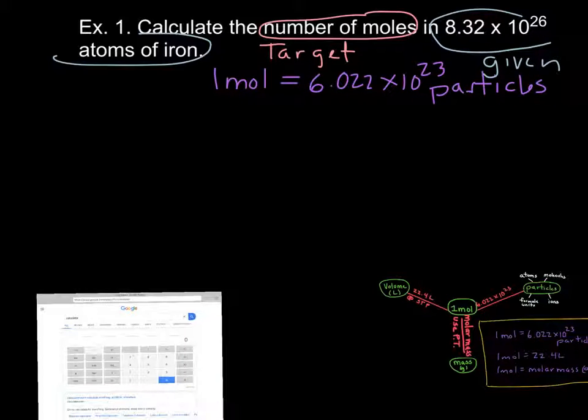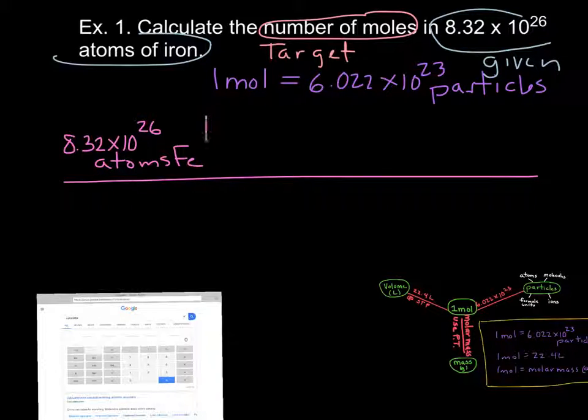Okay. So now we're ready to build our T-chart. And we use our given again, 8.32 times 10 to the 26th atoms, which are particles, of iron. And we're going to build the T-chart from here.